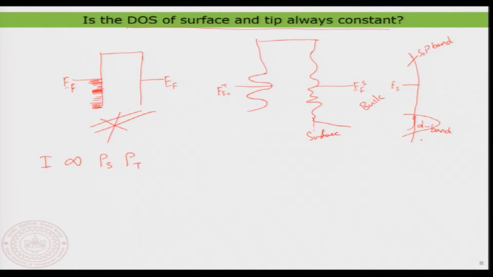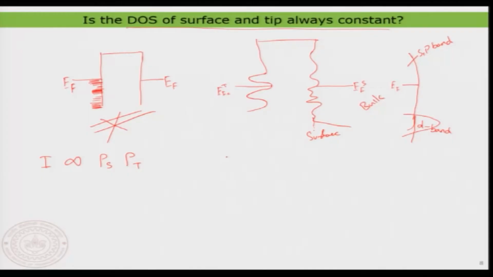Now you see near the Fermi energy, you typically see that the density of state is kind of constant. This is good. So, if I use gold or copper as my tip, then I can have a material with a constant density of state. In that case, I can get a tip which looks somewhat like this.